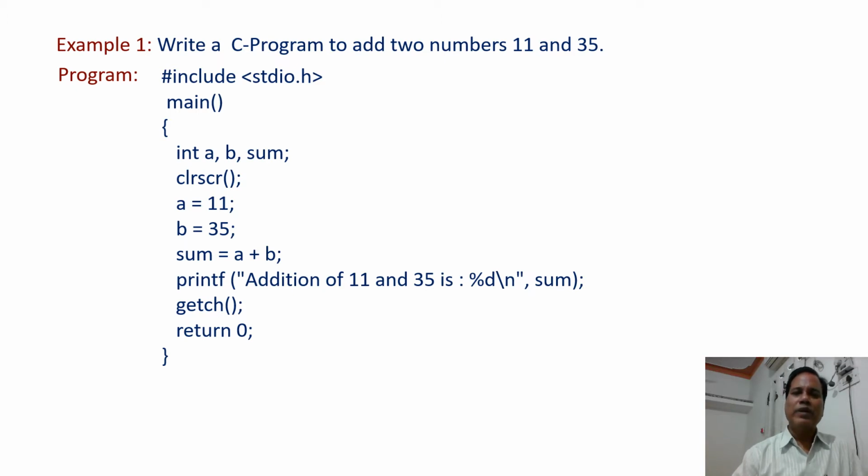For that we use the printf statement. printf, in open and close parentheses, "Addition of 11 and 35 is %d". Here the control string %d is used just to print the integer value held by the integer variable. Using this statement we print the sum of the two numbers 11 and 35. Then getch.